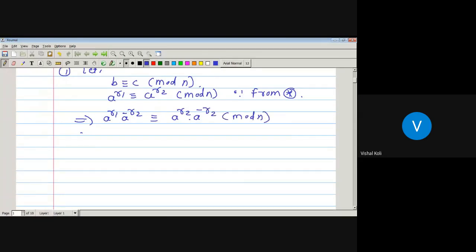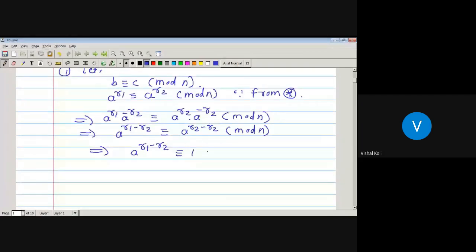Which is nothing but a to the power r1 minus r2, congruent to a to the power r2 minus r2, which is 0. A to the power 0 is nothing but 1 modulo n.